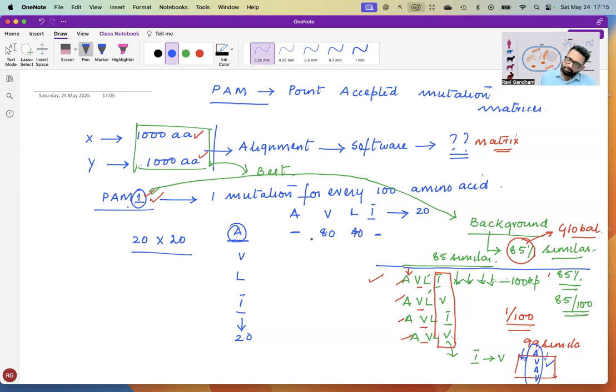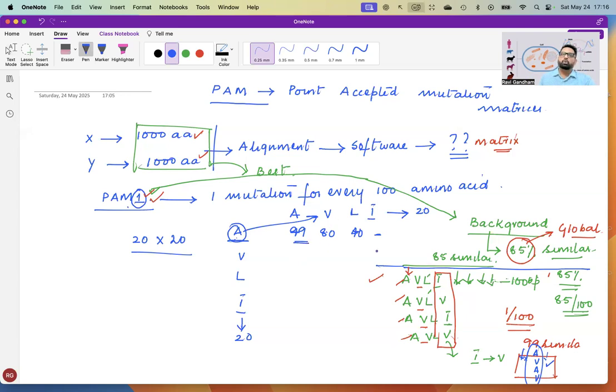Now, alanine matches with alanine in the chunks of sequences that are there, but just because this alanine matched with valine as well, it will not be 100%. It will now be something like 99%, because you have 100. Out of that 100, at one particular position, alanine is now also matching with valine. Ideally, alanine should always have matched with alanine to get 100% over here.